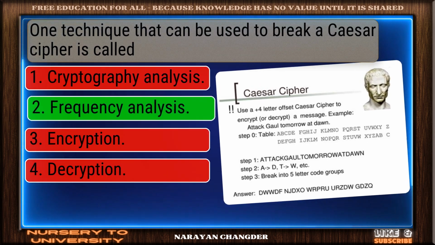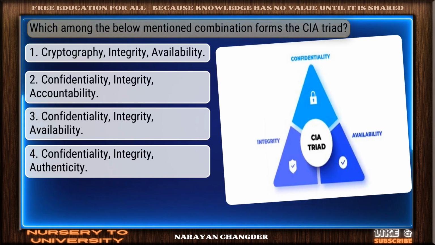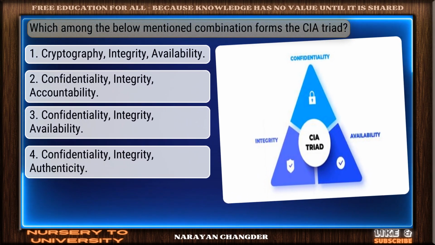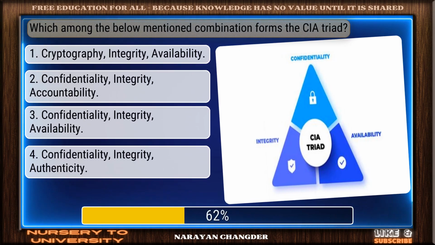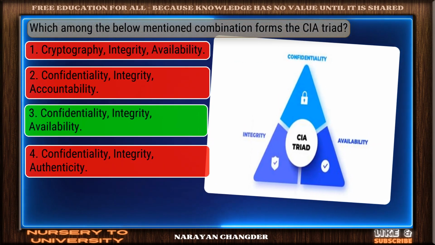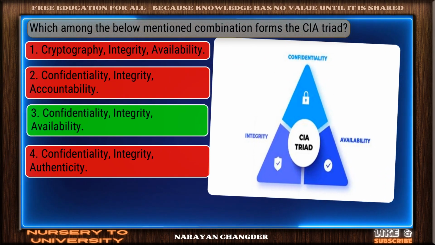You got it. Your choice frequency analysis is right. Question number 18. Which among the below-mentioned combination forms the CIA triad? Sharp thinking. Confidentiality, integrity, availability is the right choice.